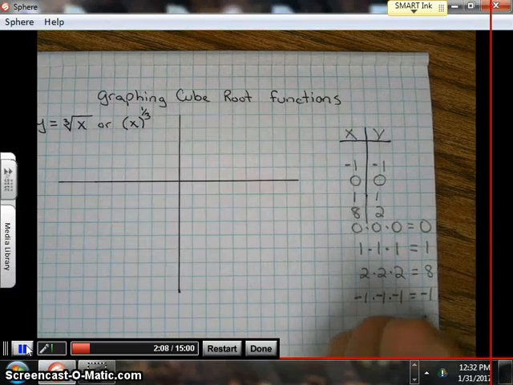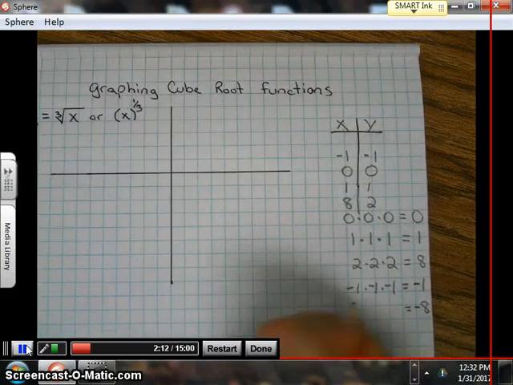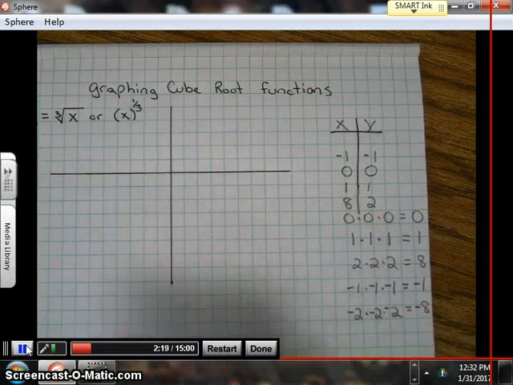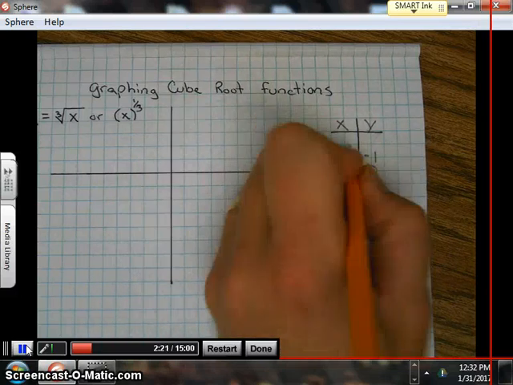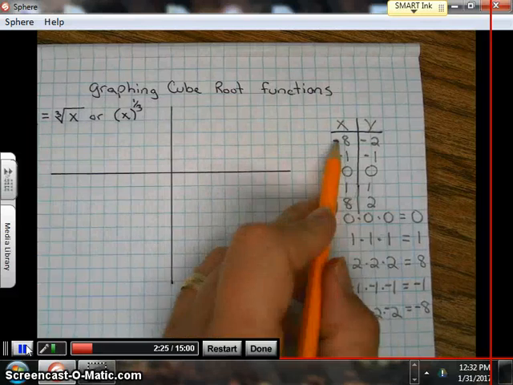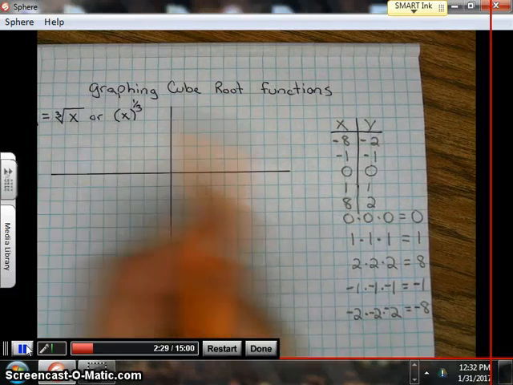And the next one, -8. The cube root of -8 is -2, because -2 times -2 times -2 is -8. So when I plug these in to x and take the cube root, these are the results.